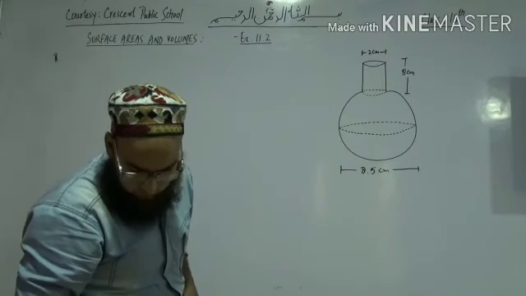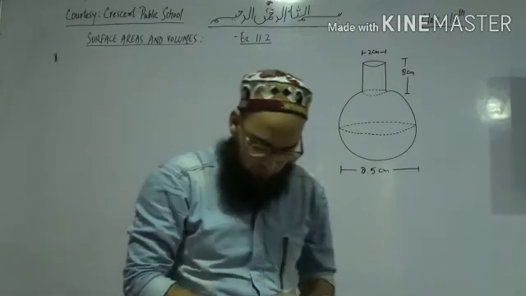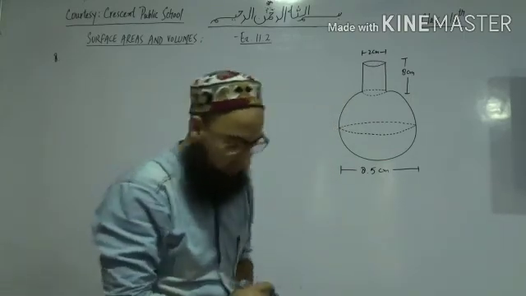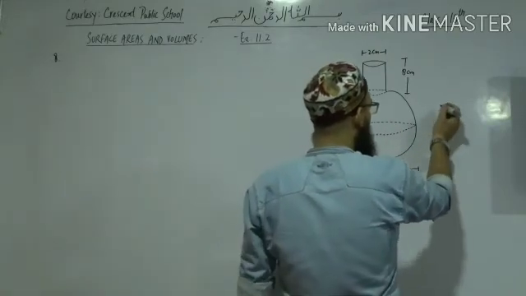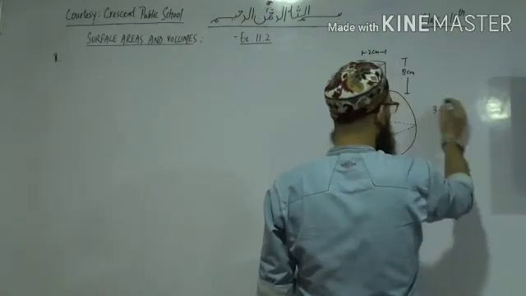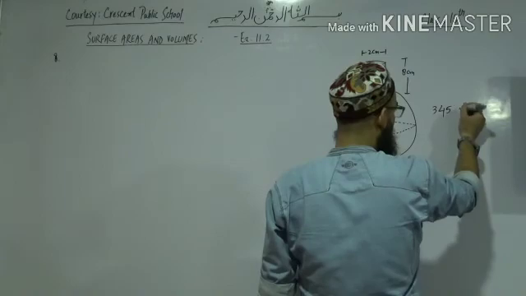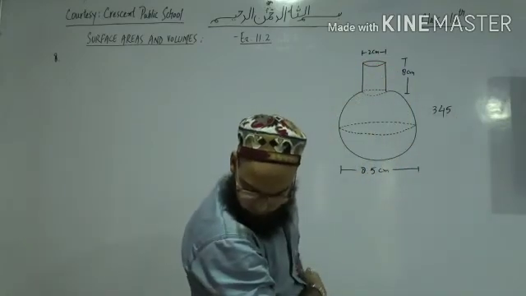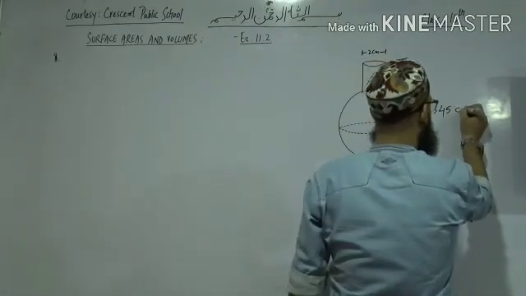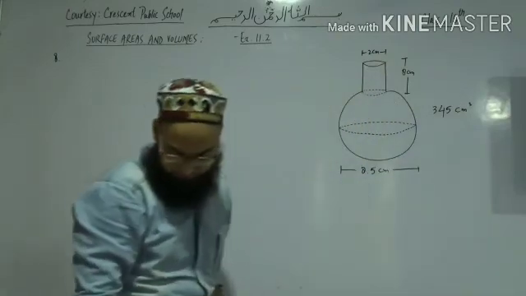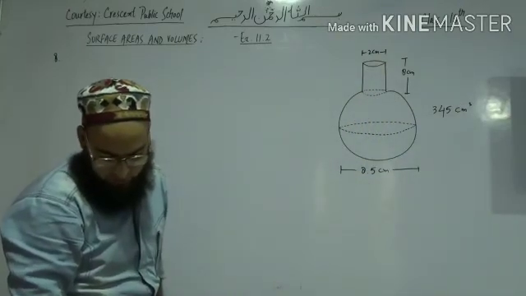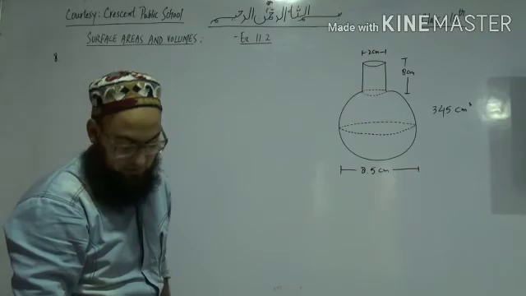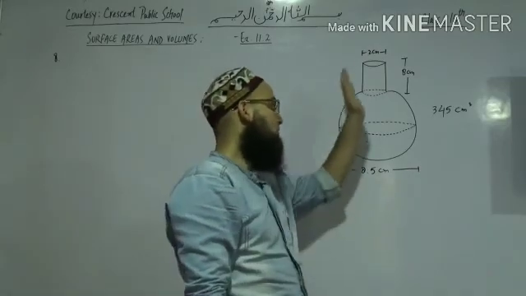By measuring the amount of water it holds, a child finds its volume to be 345 cubic centimeters. Check whether she is correct, taking the above as the inside measurements, and pi is equal to 3.14. So these are our dimensions.